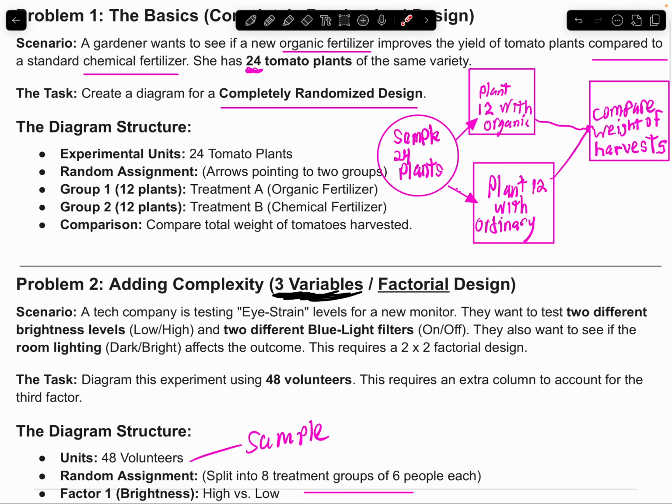If there are no hidden variables here, like extra sunlight for one of the groups or something like that, then we don't have any lurking variables, then we should be good. We can tell if the organic is better or if the chemical is better, right?